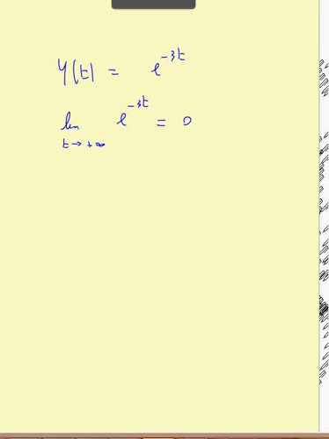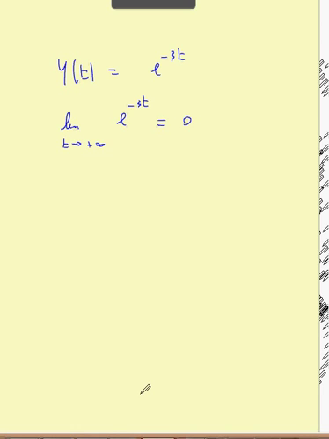So in this case, we know that the equilibrium solution of this dynamic system is 0. And we know also that this solution is stable, globally stable. Because also if we start from 1, we will converge to 0. If we start from 1 billion, we will converge to 0. So 0 is a stable equilibrium solution.